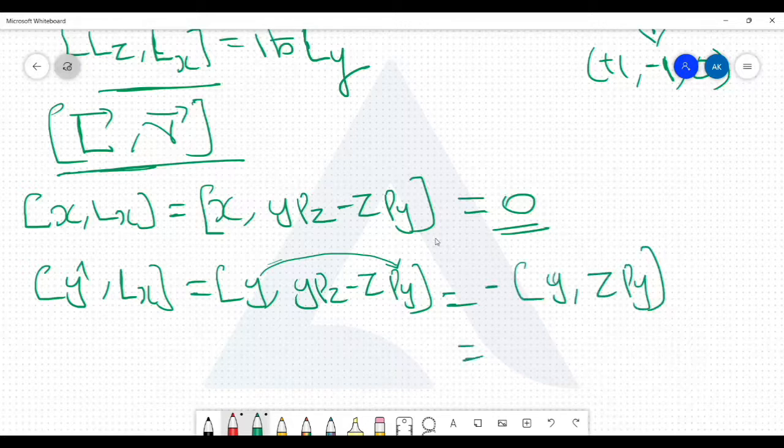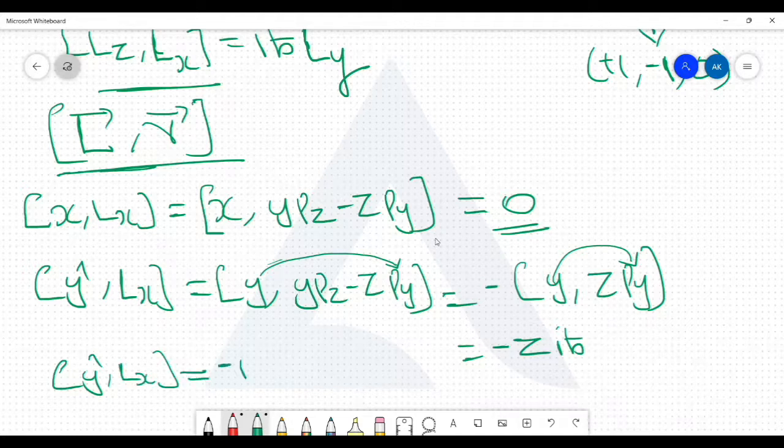So y p_y gives iℏ, so y L_x is minus iℏ z.